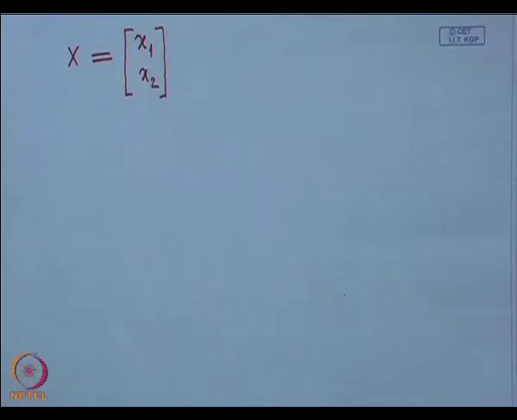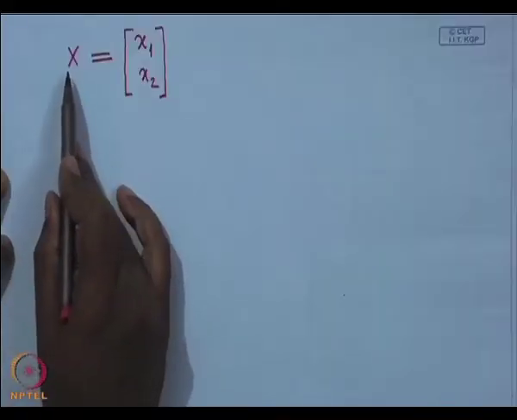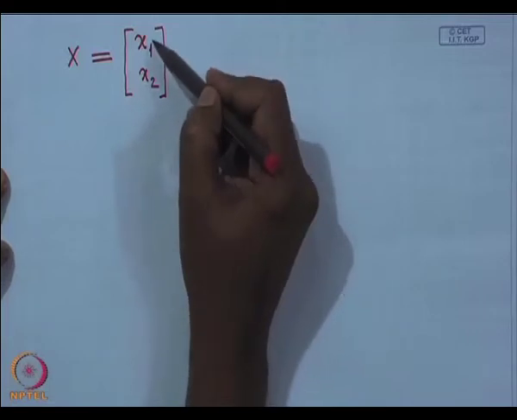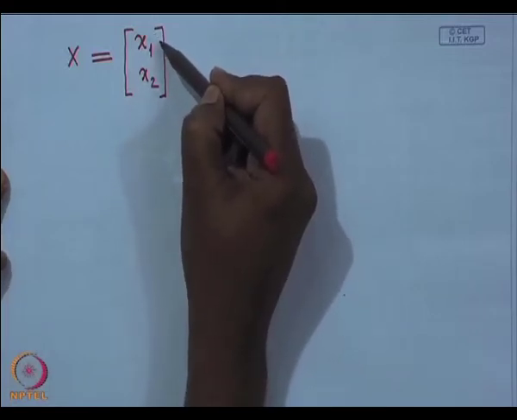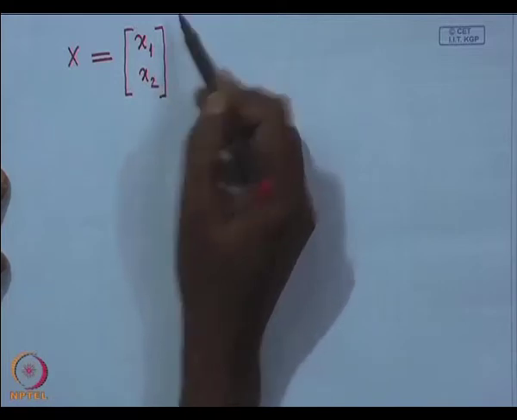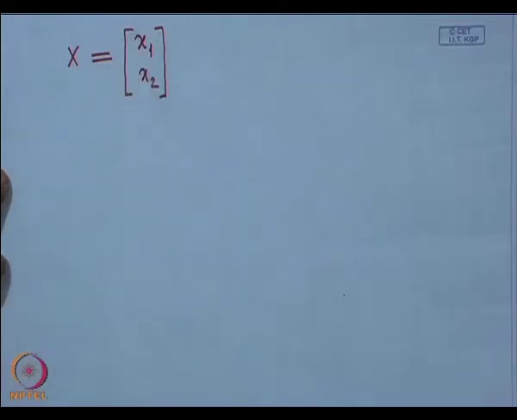So, this is the vector, and when I take different samples for estimating the probability density, what I will have is different sampled values of this vector x, where every sample will have a corresponding sampled value of x 1 and a corresponding sampled value of x 2. So, I will have different instances of this vector x 1 x 2.